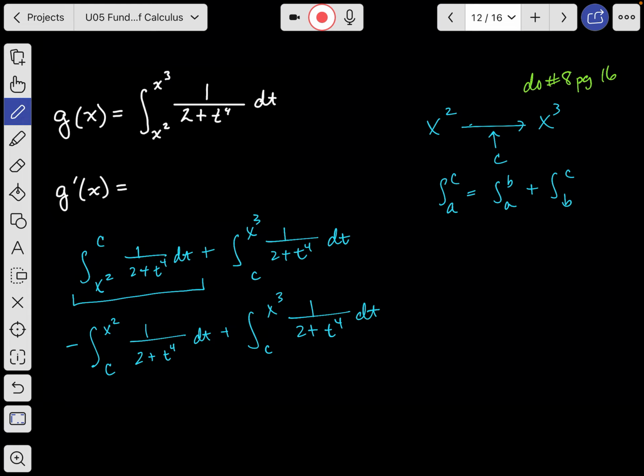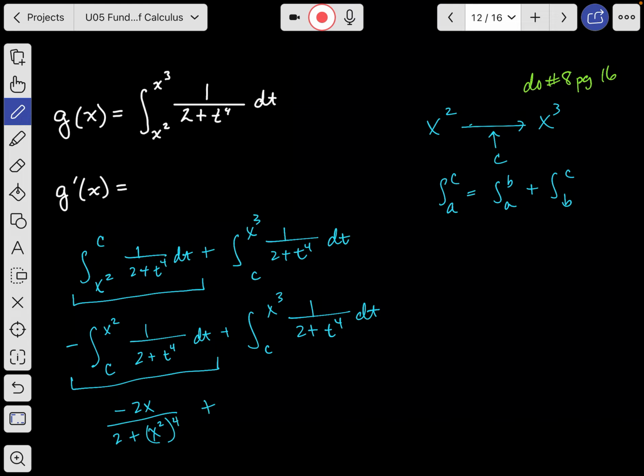All right, so now it's just going to be taking the derivative, and so it's going to be the function evaluated at the upper limit times the derivative of the upper limit. The derivative of the upper limit in this first term is just going to be 2x, so it's going to be -2x, and then this is going to be times 1 over 2 plus t to the 4th, and so it's going to be 2 plus x squared to the 4th.